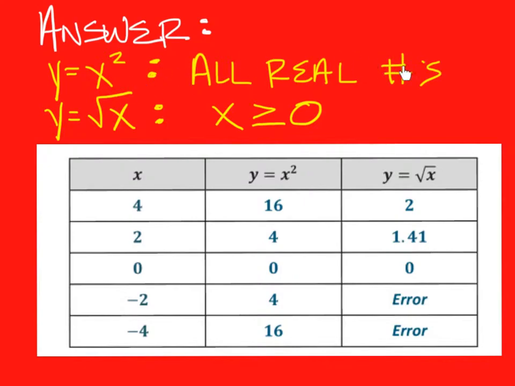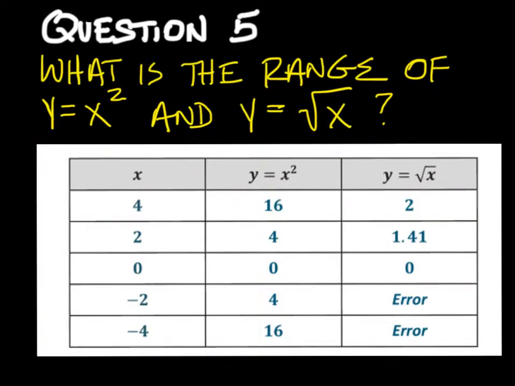There's no limit. You can put in anything. But for y equals the square root of x, it has to be greater than or equal to 0. What is the range of y equals x squared and y equals the square root of x? In other words, what is coming out?